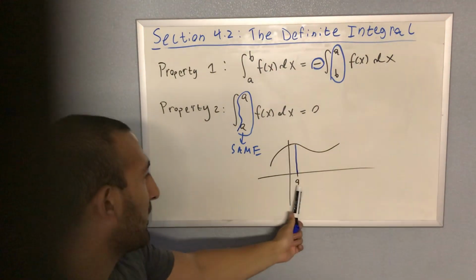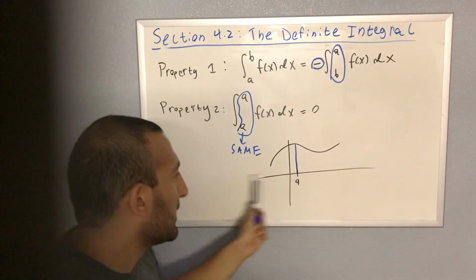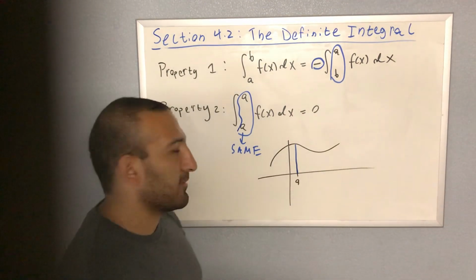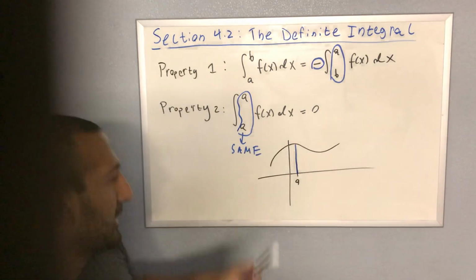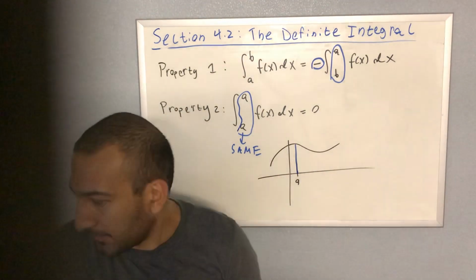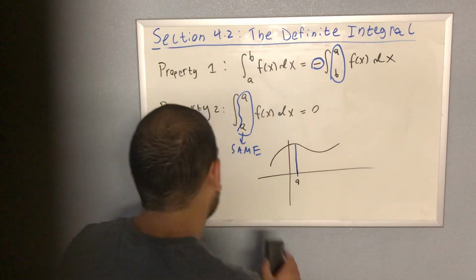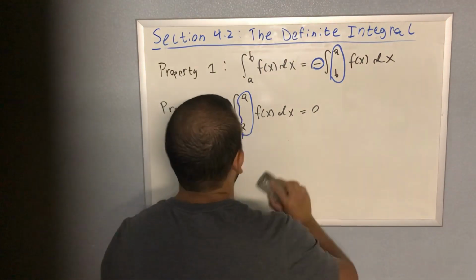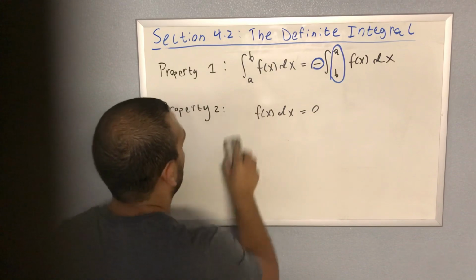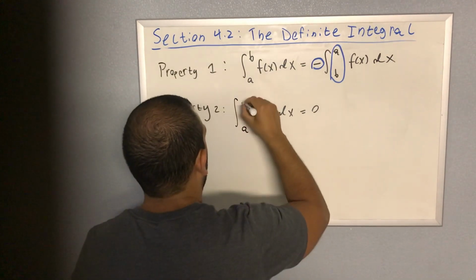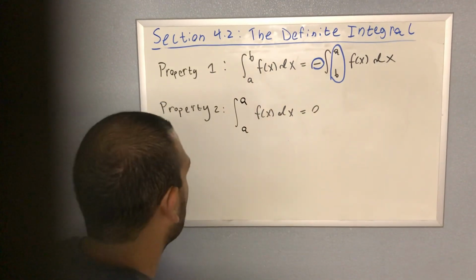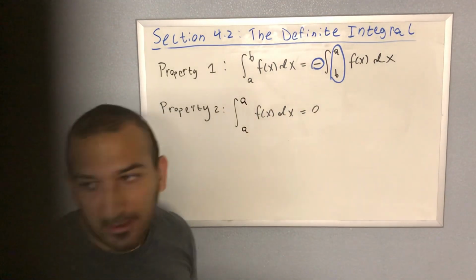If you don't have a B to go to, there is no area, and this is the area, essentially. So this is going to be 0. These are all very useful properties that we'll see used over and over again. Let me rewrite this. If you don't go anywhere, of course you're not going to pick up any area.